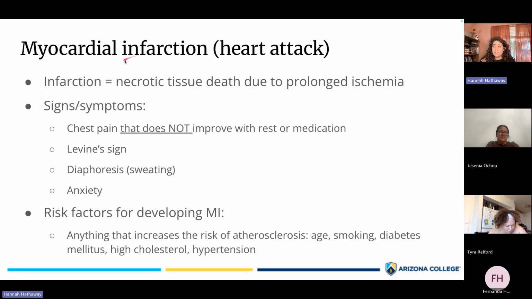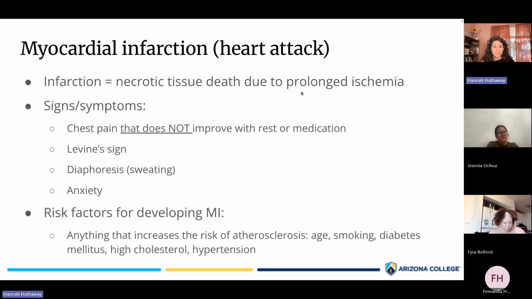So myocardial infarction, the name itself gives you a hint. Infarction is necrosis. So that's the bad type of cell death. And it is necrosis due to prolonged ischemia, meaning the heart is not getting its own blood supply for so long that part of the heart actually dies. So that is bad. This is essentially a medical emergency.